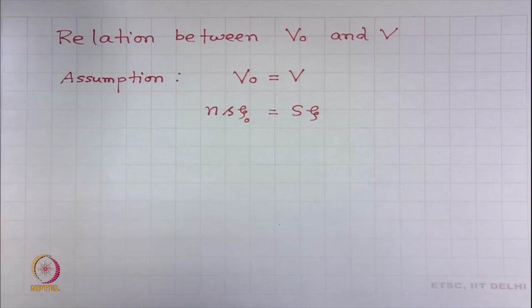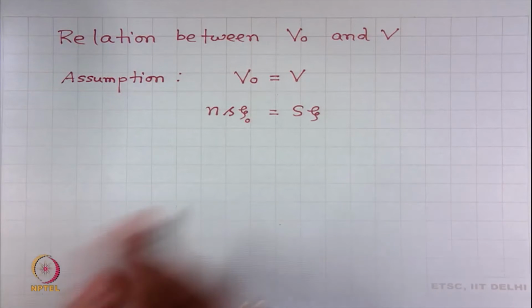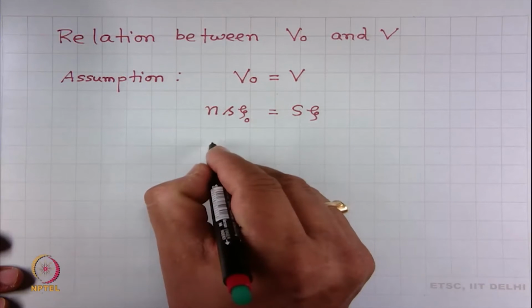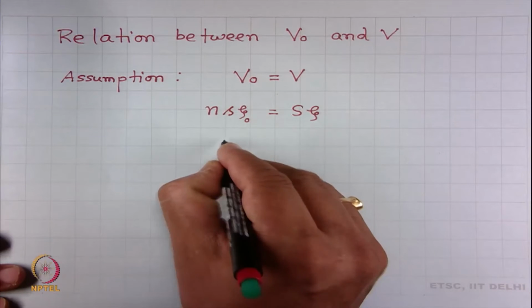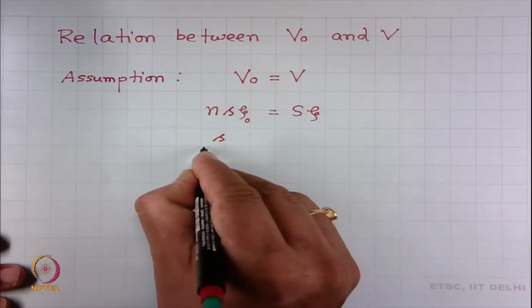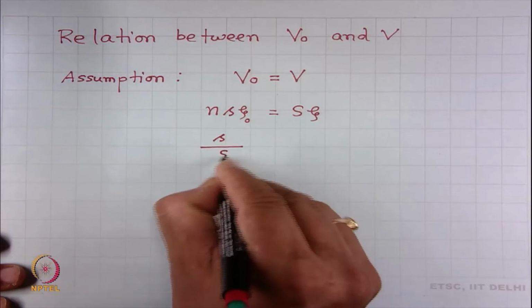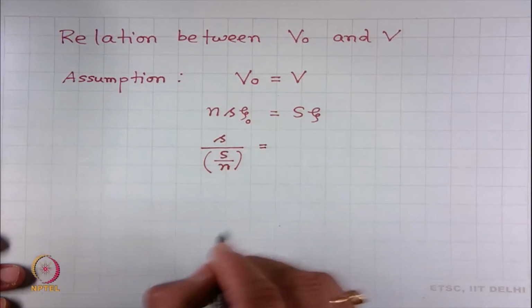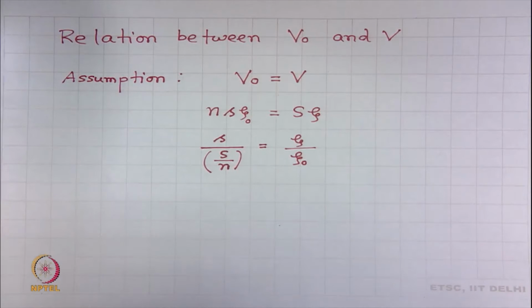Then we can write that S by N is equal to zeta by zeta naught, is not it?